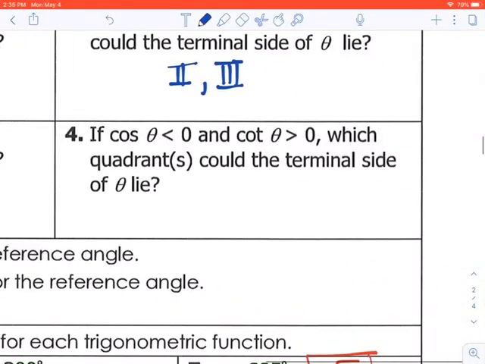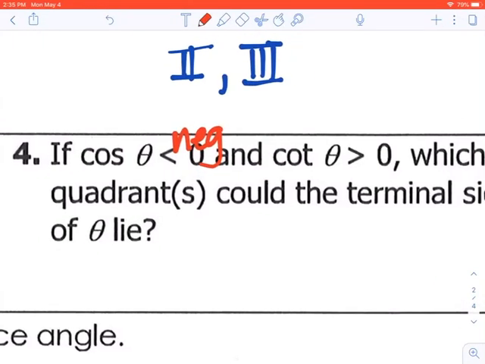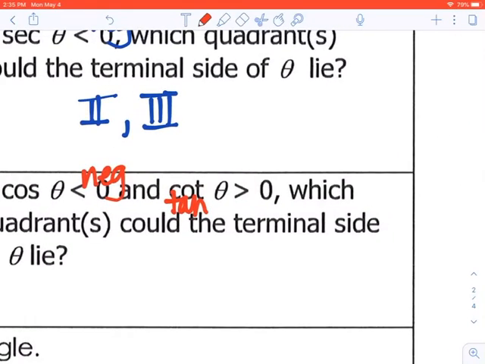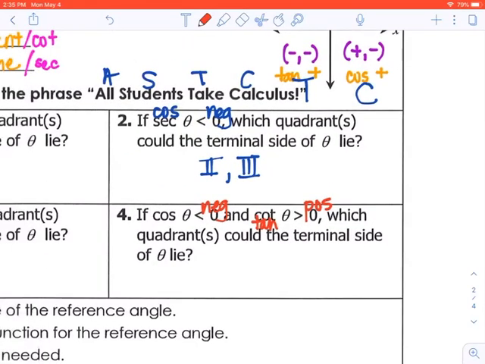And then the last one, this one's going to be a little bit more complicated. It says, if the cosine is less than 0, that's negative, and the cotangent, that's the same as tangent, is positive. So tangent is positive. We're going to look at which, so it has to satisfy both.